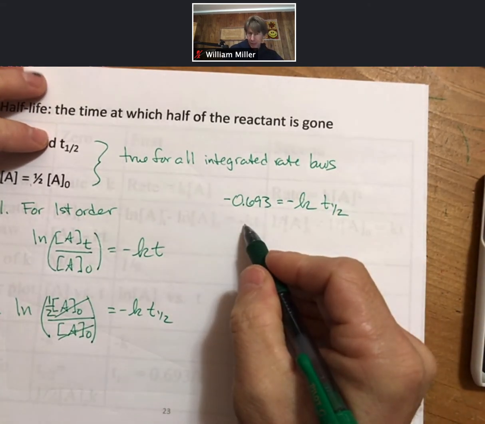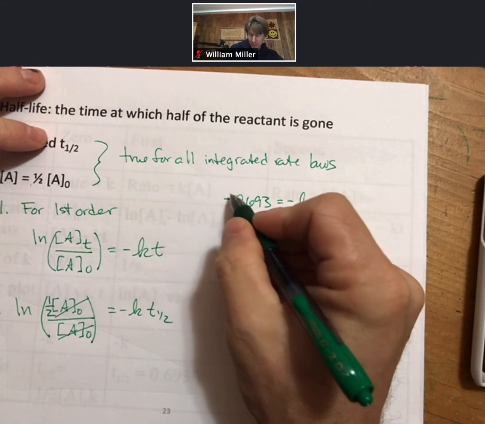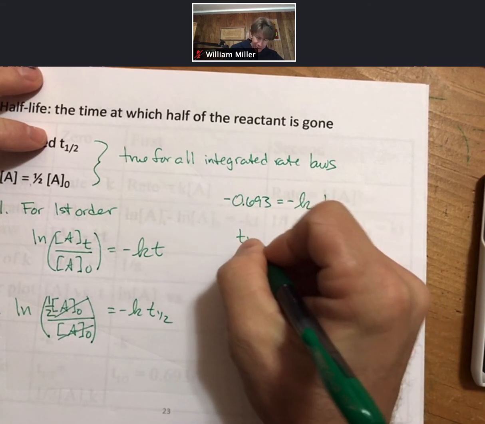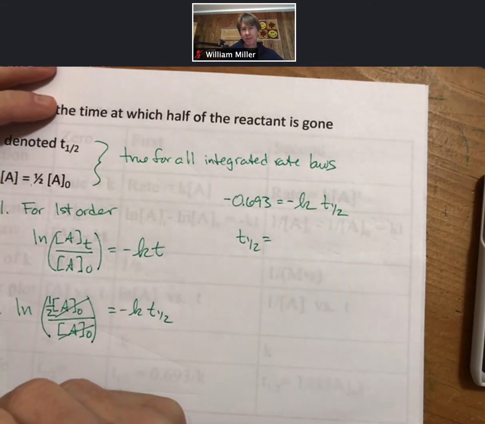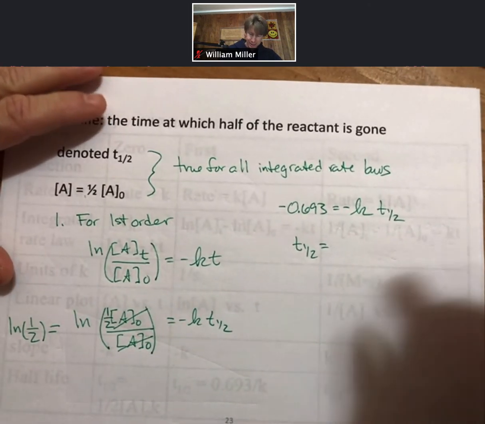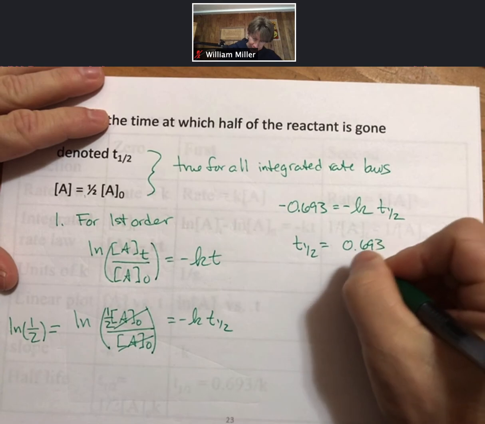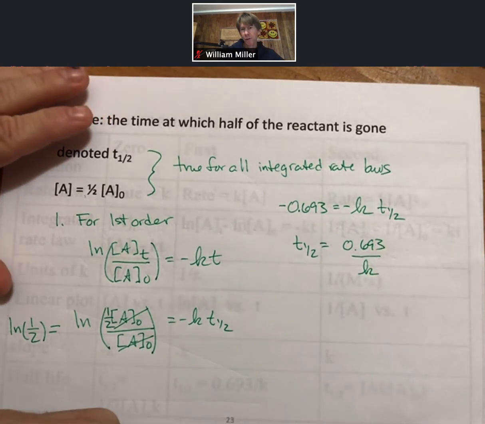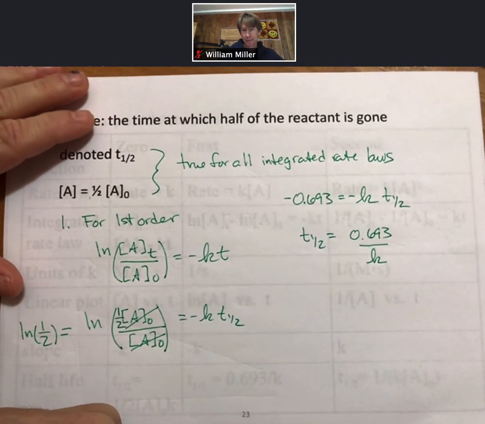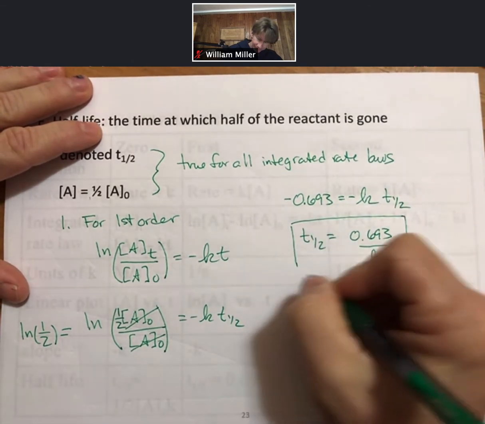Bring the K over to the other side, cancel out both of the minuses, and you get an equation that says that the half-life is equal to 0.693 over the rate constant, like so.